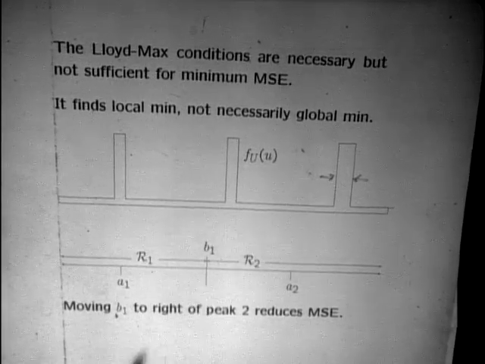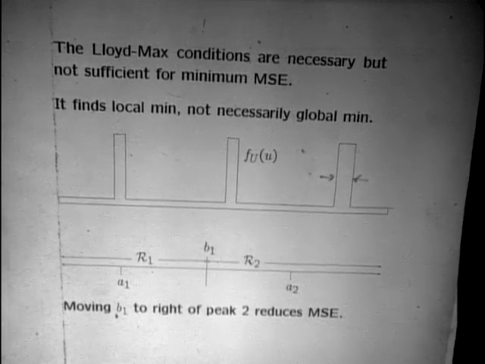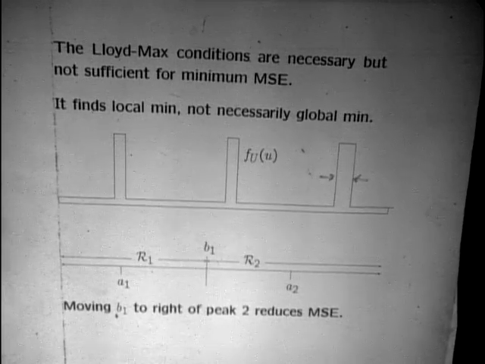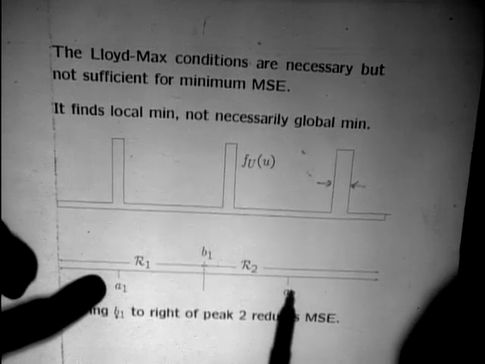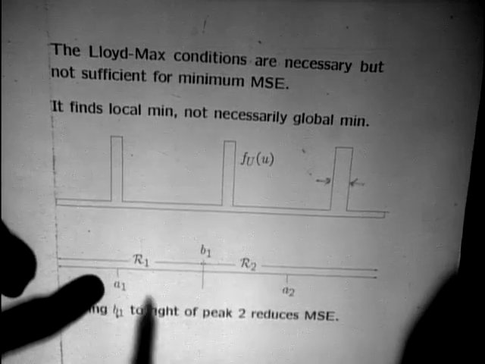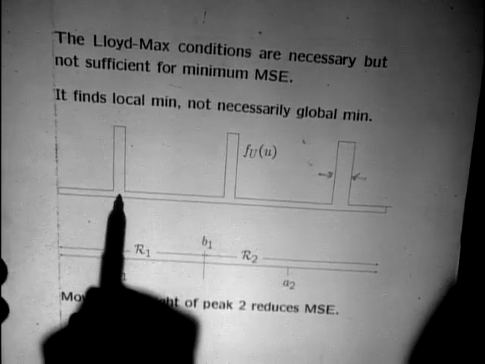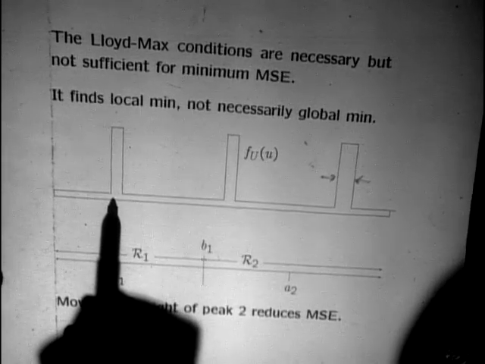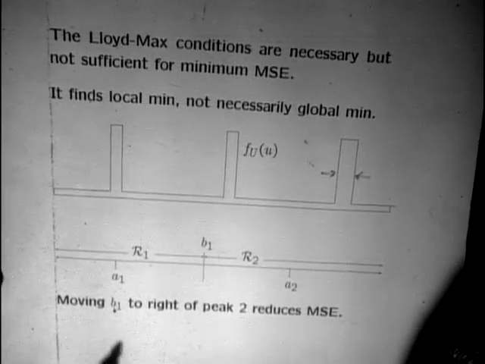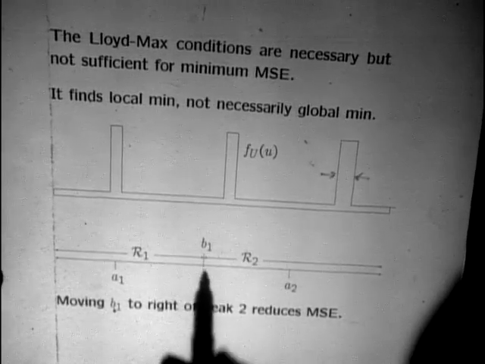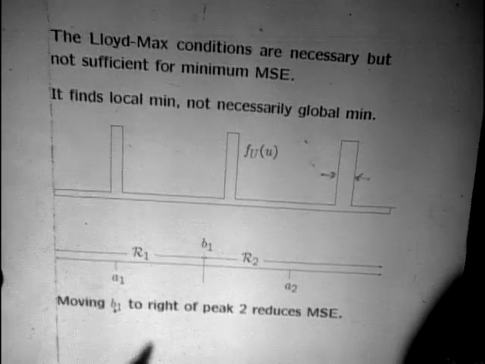Here the algorithm is particularly simple because since we're only using 2 regions, all you need is 1 separator point. So we wind up with B1 here, which is halfway between A1 and A2. A1 happens to be right in the middle of that big interval there, and there's hardly anything else here. So A1 just stays there as the conditional mean, given that you're on this side.